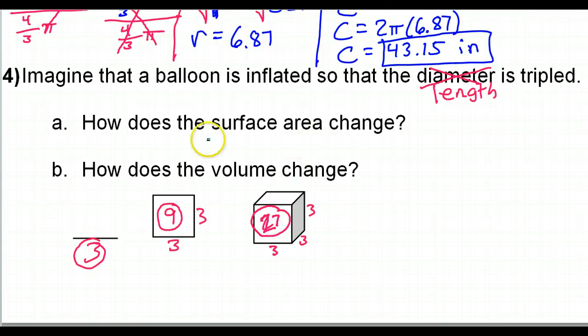So how does the surface area change? It doesn't matter that it says surface area. The key is that it's an area. All areas behave the same in this regard. So how does the area change? Well, the area went from 1 to 9. So we could say that it was multiplied by 9.